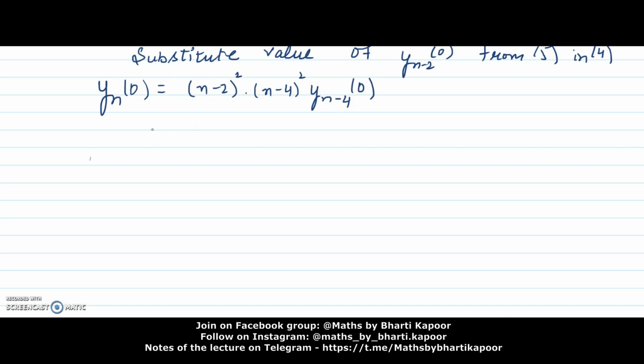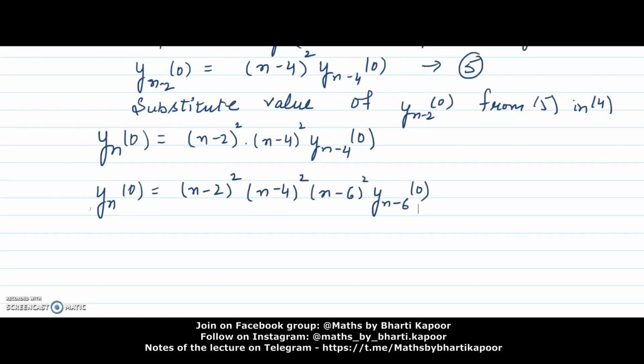If you keep repeating the step, you will get that yn 0 is equal to n minus 2 whole square, n minus 4 whole square. In the next step, we will get n minus 6 whole square yn minus 6 0. Because when you replace n by n minus 2 again in equation number 5, what you will get?